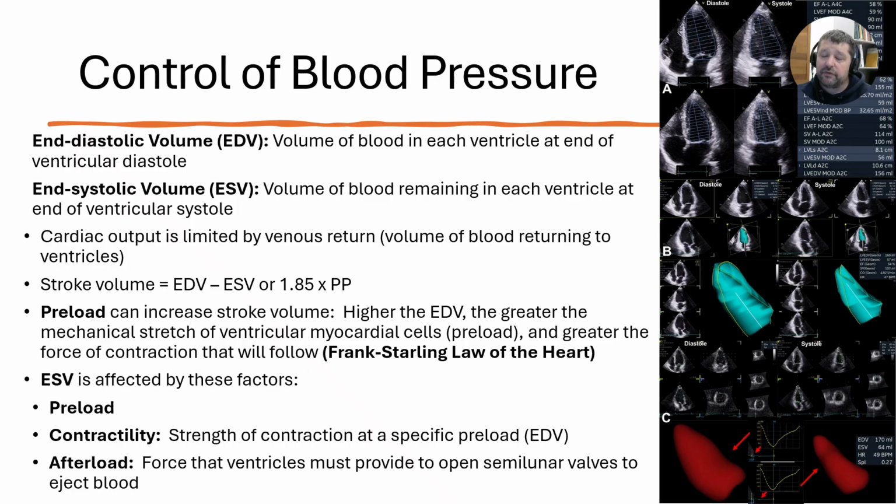And remember that force is really going to be related to the pressure that's built up after the left atrium leaks blood into the left ventricle and then the mitral valve closes off. That pressure will build up, and once that pressure meets the amount of force needed to open that valve, that's what we call the afterload.